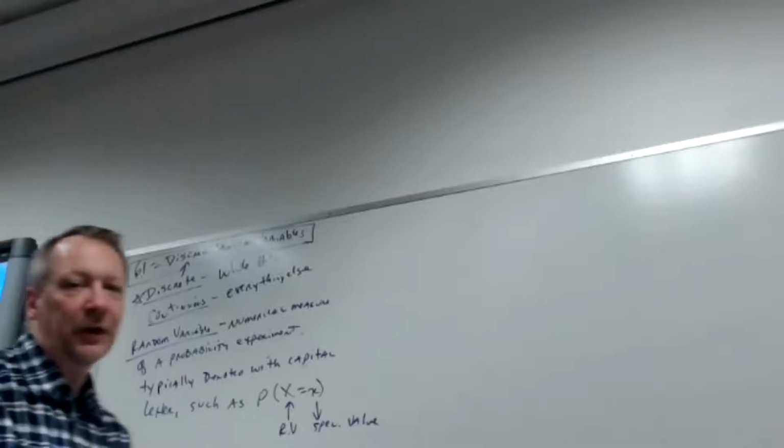I know that notation is a little bit weird, so let's just do some quick examples here. The number of A's in a stats class, would that be discrete or continuous? Discrete. What would be the possible values for the number of A's? 0 to 30.